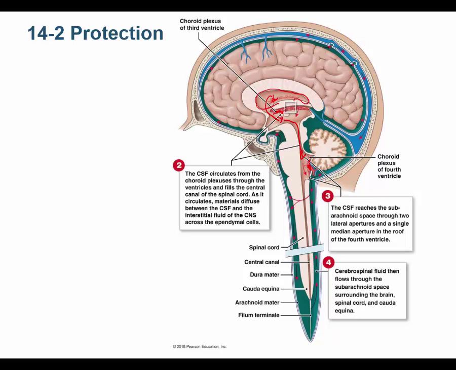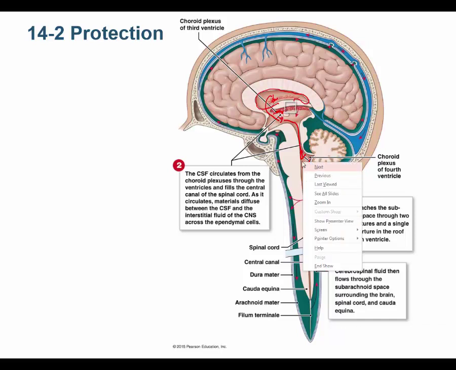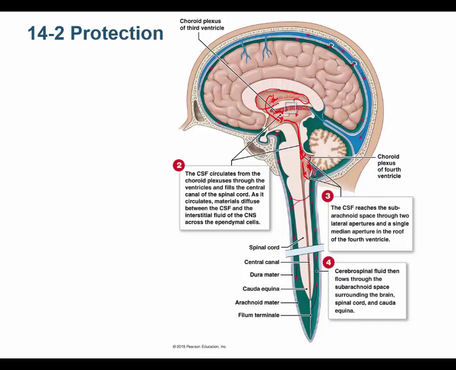Now the fourth ventricle also makes cerebrospinal fluid. All of that cerebrospinal fluid flows out of the apertures. There are 2 lateral apertures and 1 median aperture, and it goes into the subarachnoid space. This is the subarachnoid space right here, and all of this is subarachnoid space.